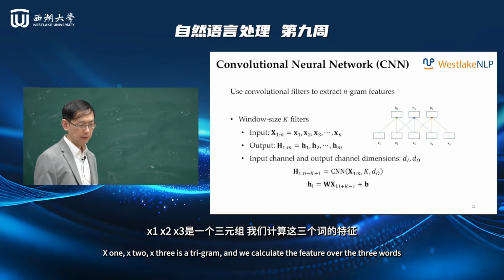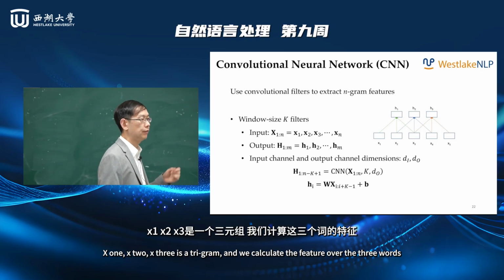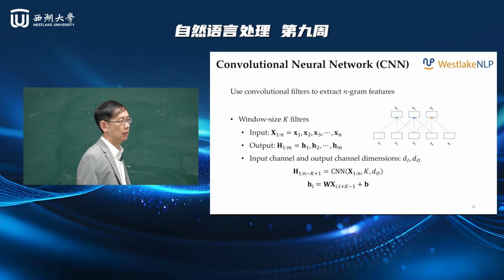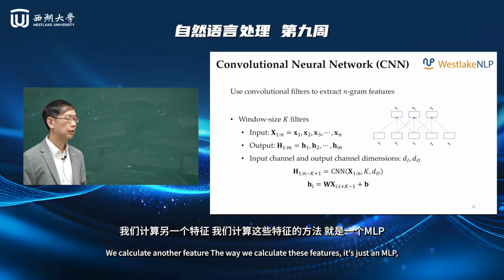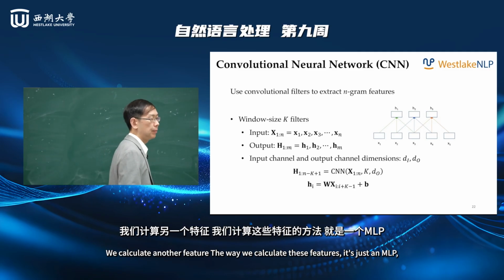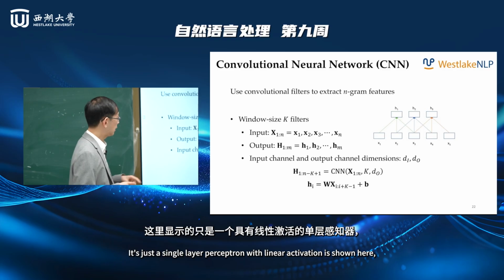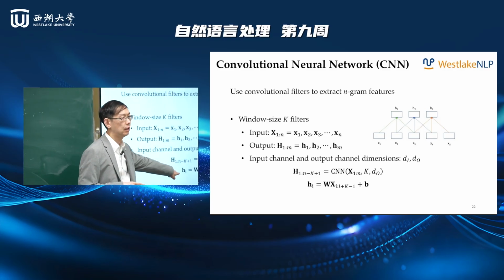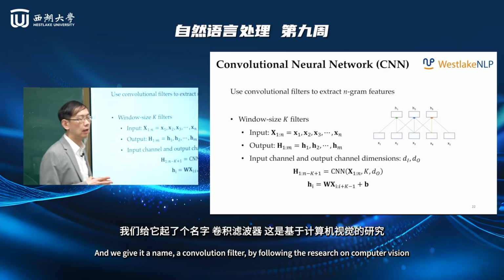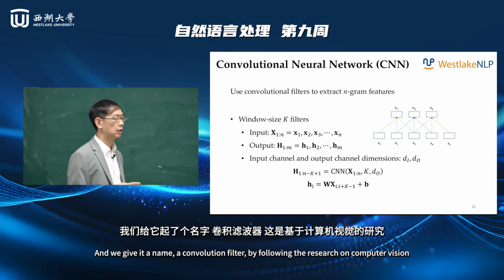For example, x1, x2, x3 is a trigram, and we calculate the feature over these three words. And x2, x3, x4 is another trigram. We calculate another feature. The way we calculate these features is just an MLP. Actually, it's just a single layer perceptron with linear activation. It's shown here. And we give it a name, a convolution filter, by following the research on computer vision.